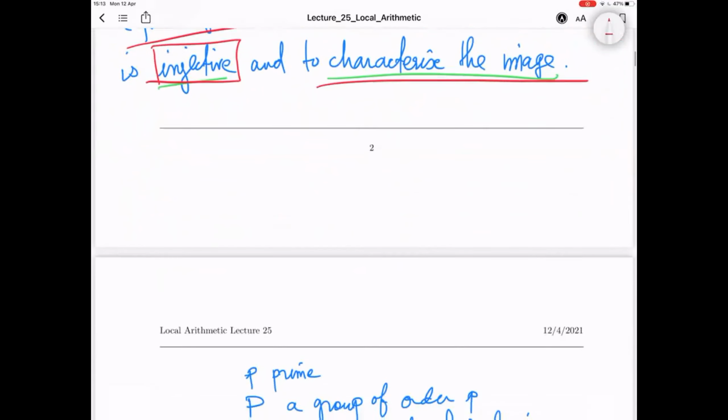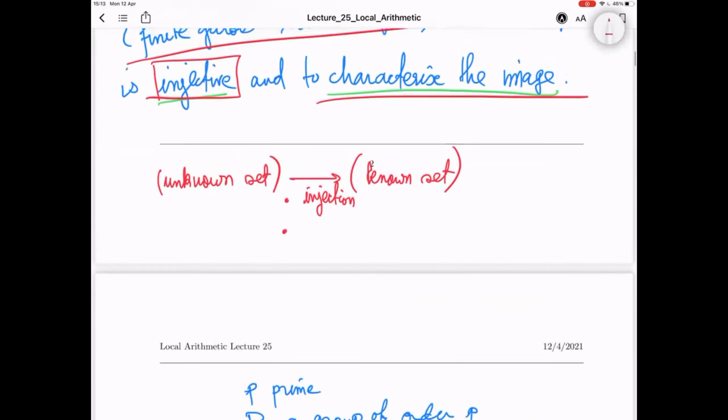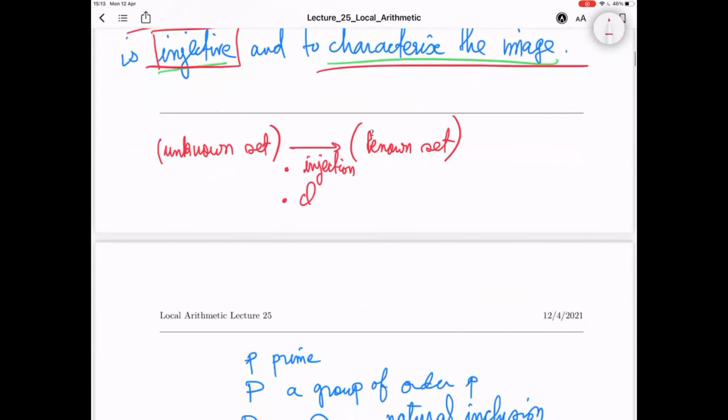Suppose you have an unknown set and you have a known set. Suppose you give, first of all, an injection. So you give two things: an injection and you characterize the image of that injection.